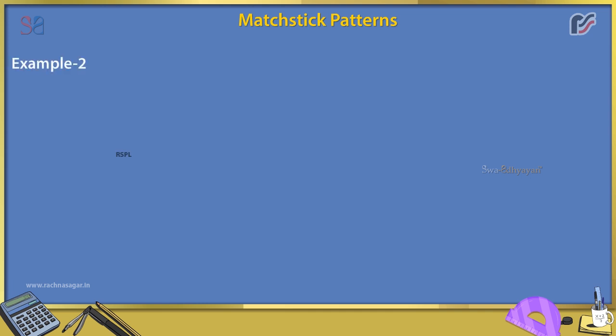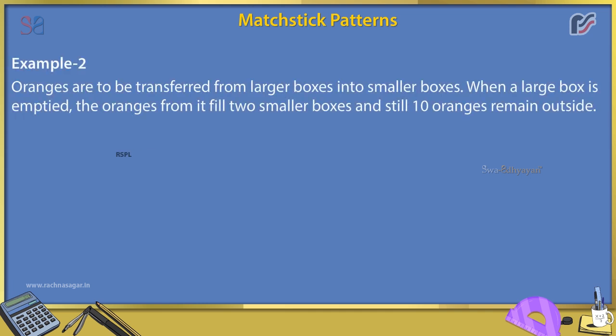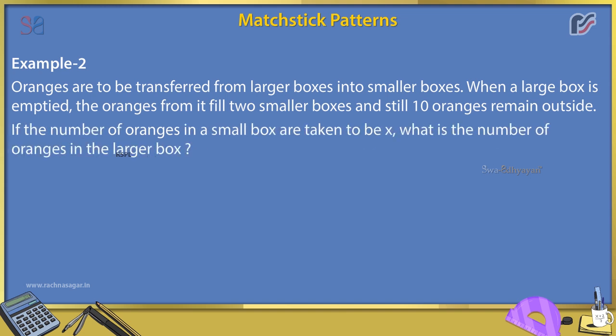Example 2. Oranges are to be transferred from larger boxes into smaller boxes. When a large box is emptied, the oranges from it fill 2 smaller boxes and still 10 oranges remain outside. If the number of oranges in a small box is taken to be x, what is the number of oranges in the larger box?